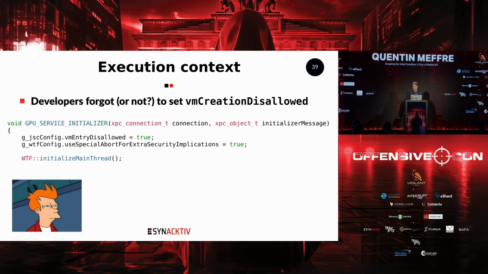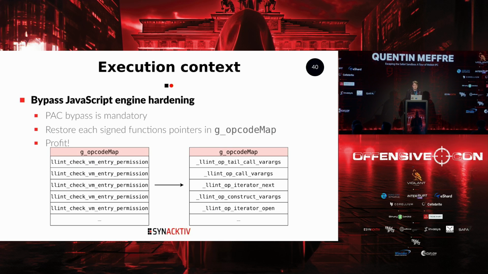We can see that the developers are setting the VM entry disallowed variable, which is used to trash the opcode map, but they are not setting the VM creation disallowed parameter. So basically, the new check in the VM constructor is just never used today. So an attacker can still bypass this JavaScript engine hardening.